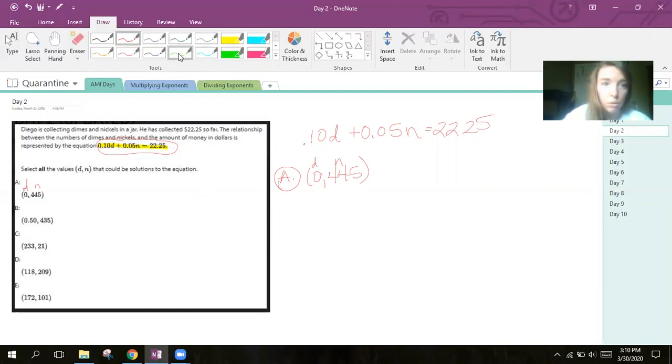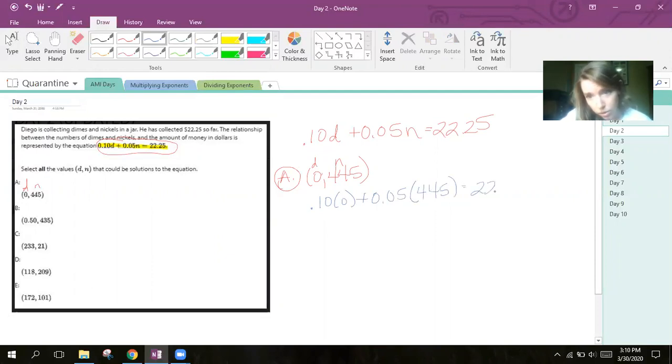Okay, so it's going to be 0.10 times 0 plus 0.05 times 445 equals 22.25. In order, it wants us to select all of them that could be a solution. So solution means that it makes the equation true. If it's true, then what is on this side should be equal to 22.25.